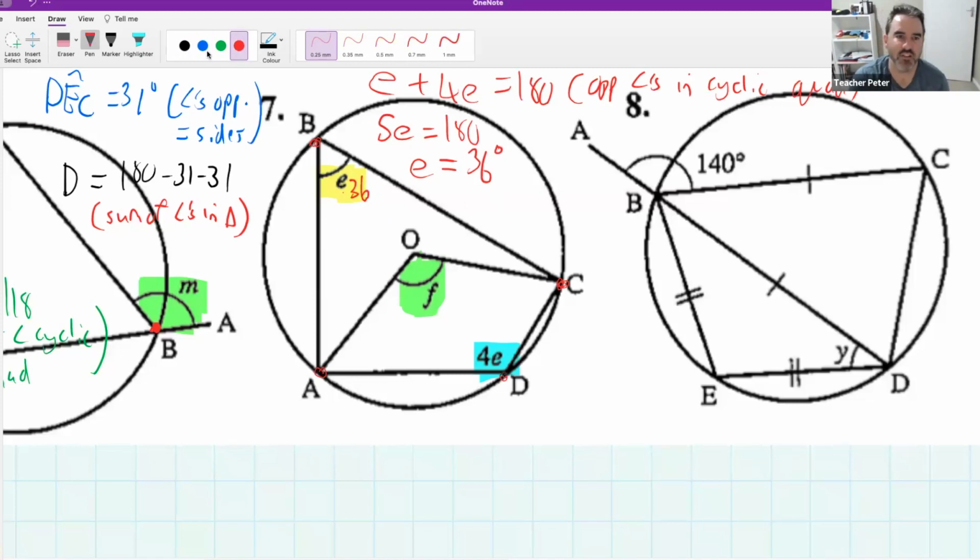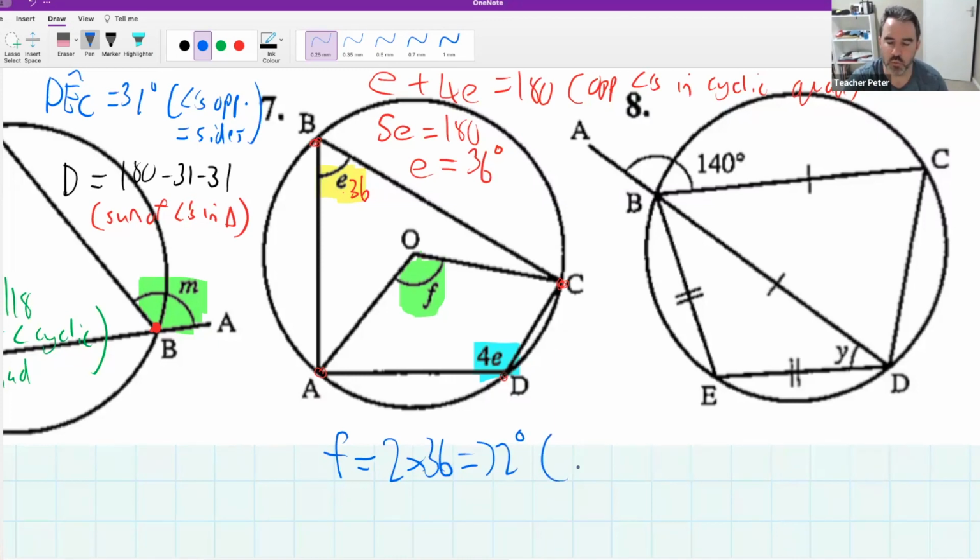What is the size of F going to be? So it just has to be double what E is.